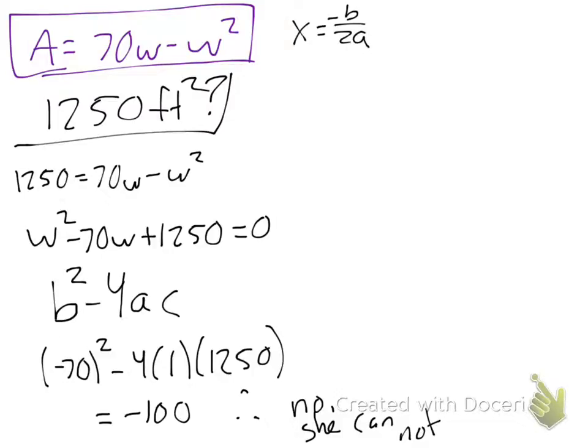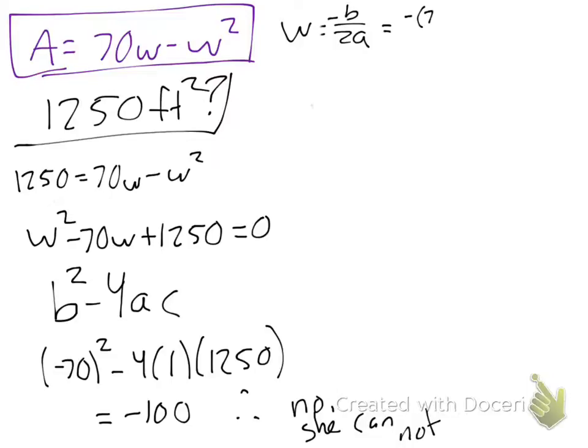Oh, wait, it's not x equals because we're not in x, we're in w. So take that out and put w equals. If I know the w, then I can go back and find L. So what is w? We're using this equation here.